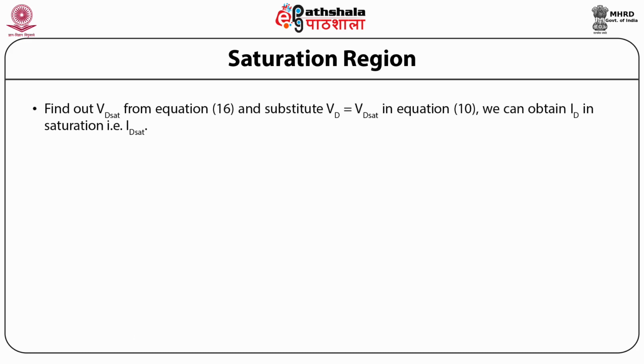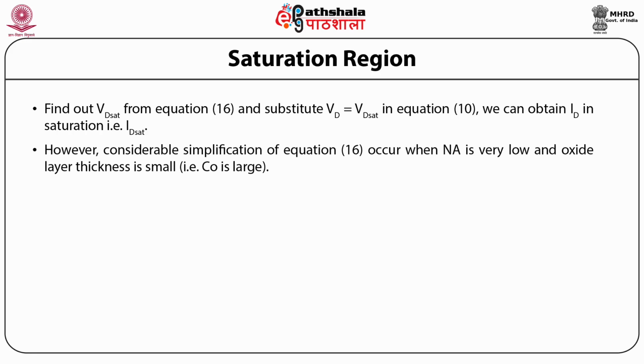So we'll find out the Vd saturation from this equation and substitute Vd equal to Vd saturation in equation 10, and we can obtain Id in saturation, that is Id saturation. However, considerable simplification of equation 16 occurs when Na is very low and oxide layer thickness is small, that is C naught is large.